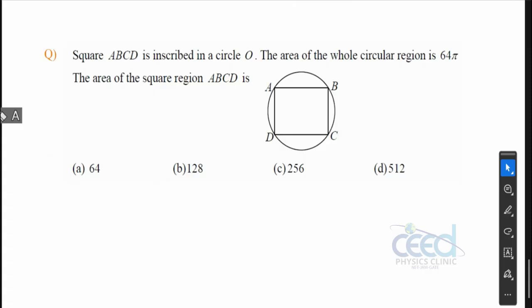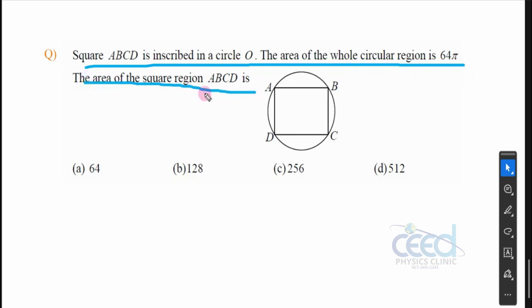In the square ABCD inscribed in a circle, the area of the whole circular region is 64 pi. The area of the square region ABCD is, all right.